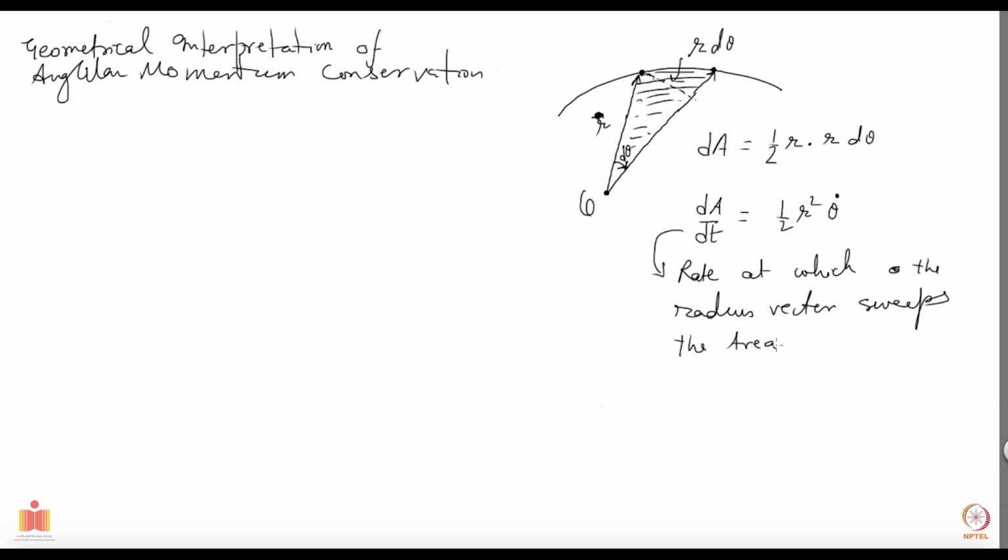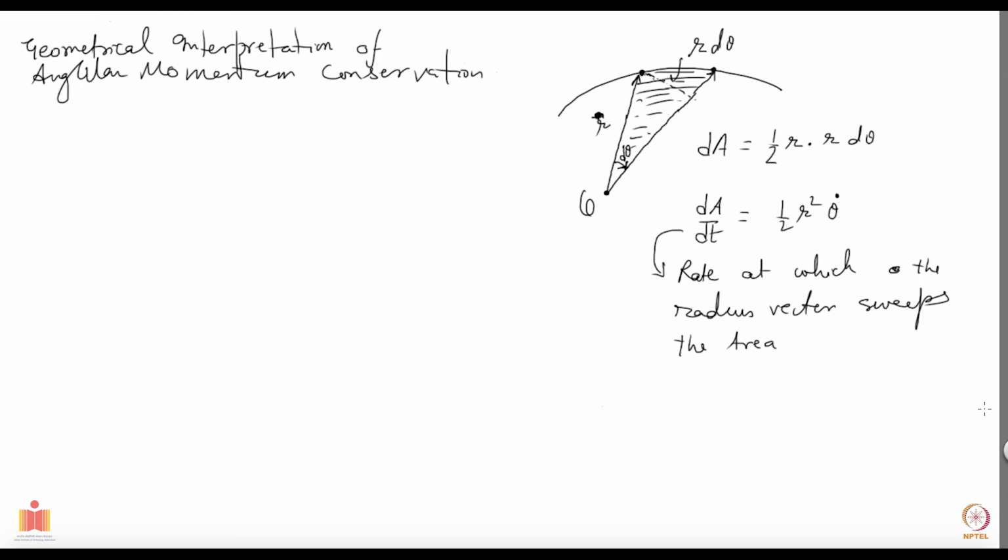When the particle is moving, the radius vector is sweeping some area, and this gives the rate at which that area is swept.